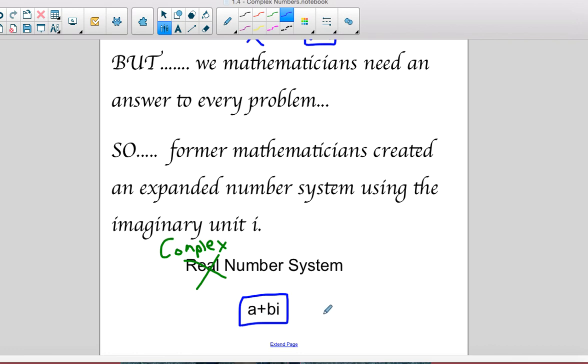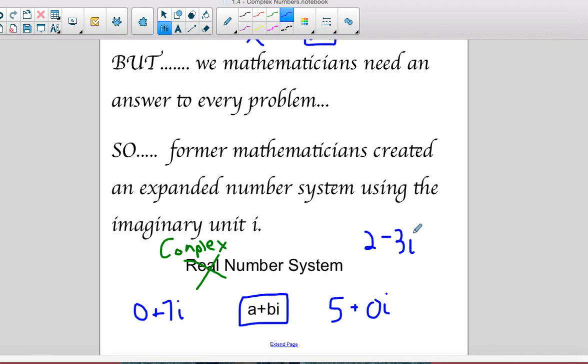So like if you just think, well, what about the number 5, right? Well, the number would be 5, which is the same thing as 5 plus 0i, right? We know it is 5. We're always going to know it is 5, but you can write it in this form, right? The number 7i would just be 0 plus 7i. And then as you'll see today, you're going to have numbers with both a real part and an imaginary part, like 2 minus 3i.